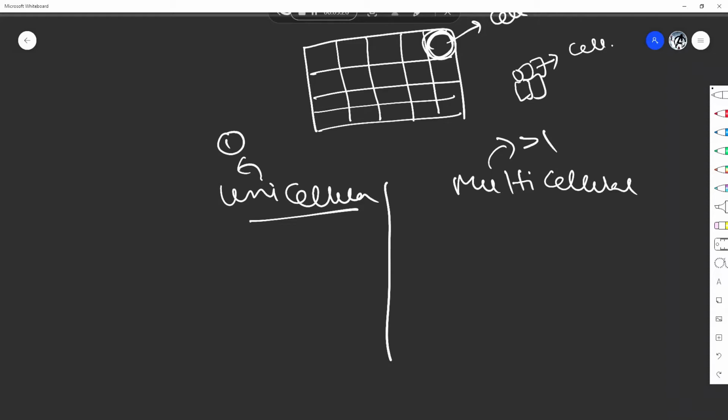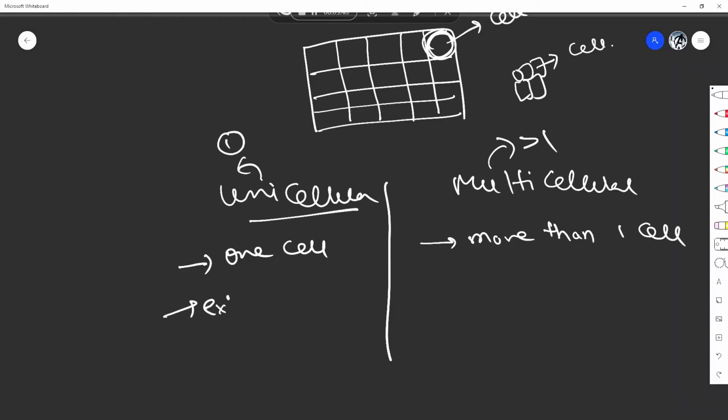Unicellular means the organism is made up of only one cell. Multicellular means the living creature is made up of more than one cell. An example of a unicellular organism is amoeba.